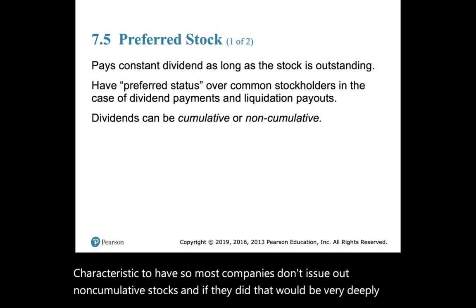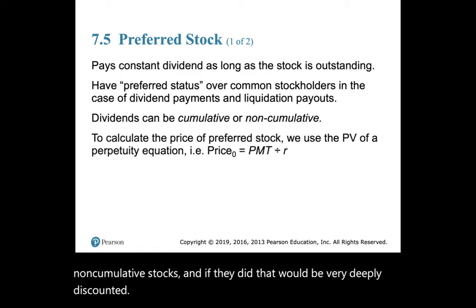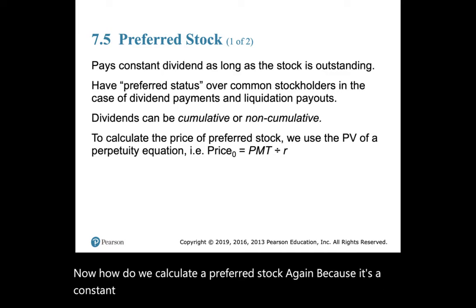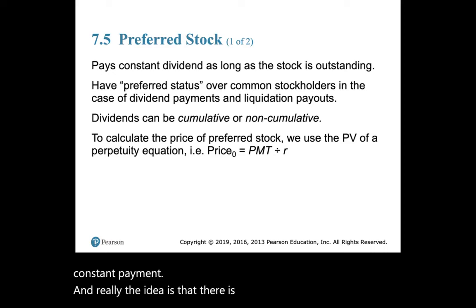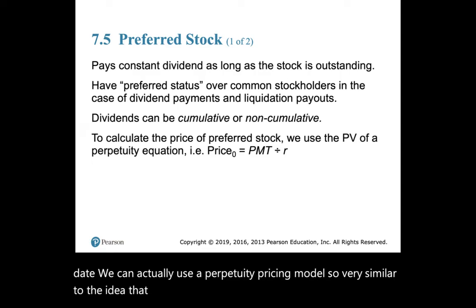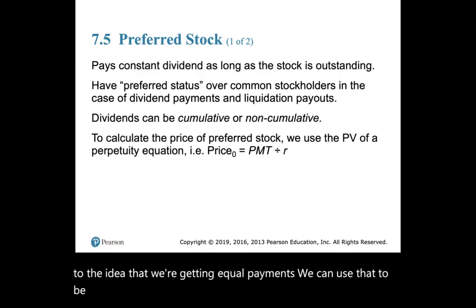Okay. Now, how do we actually calculate a preferred stock? Well, again, because it's a constant payment, and really the idea is that there is no end date or maturity date, we can actually use a perpetuity pricing model. So very similar to the idea that we're getting equal payments, we can use that to price our stock.